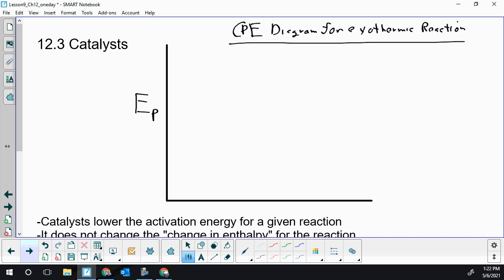We're going to start with our reactants at some enthalpy. We're going to finish with our products at some lower enthalpy, because this is an exothermic reaction.